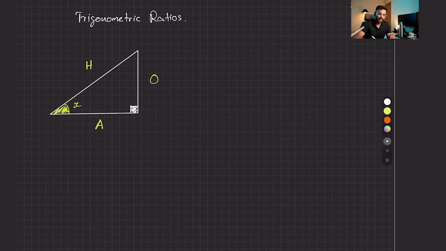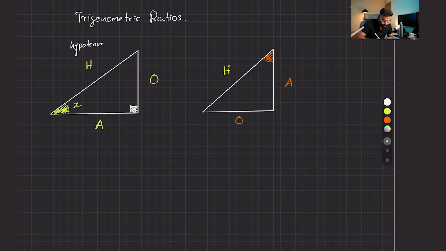Now, just in case, if I had another triangle, which looks exactly the same, but is that a right angle? Kind of, right? Okay. But if I consider this angle, now the hypotenuse would stay the same, but my opposite and adjacent would switch. Is that clear? So this is the hypotenuse.